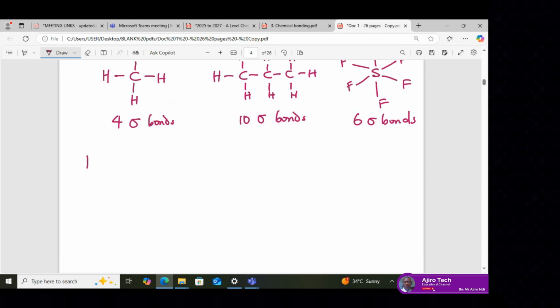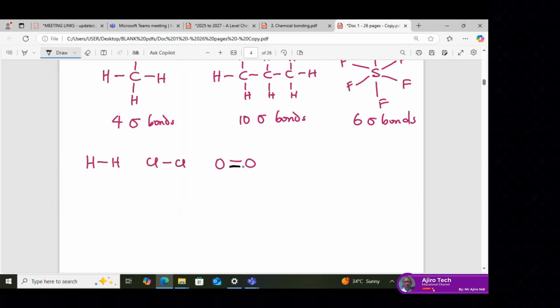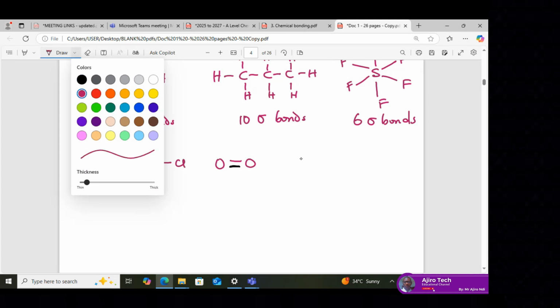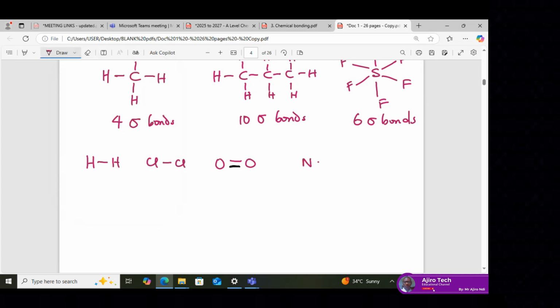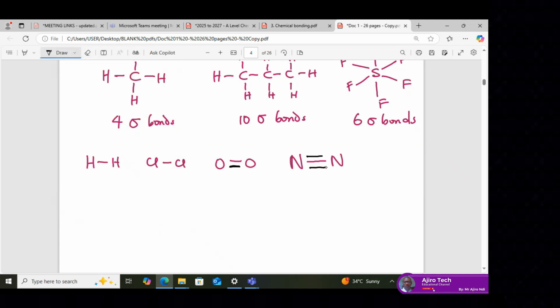Look at this. 1 sigma bond. 1 sigma bond. 1 sigma, 1 pi. Just so that I'll write it down now. 1 sigma, 2 pi. So let me state them out here.